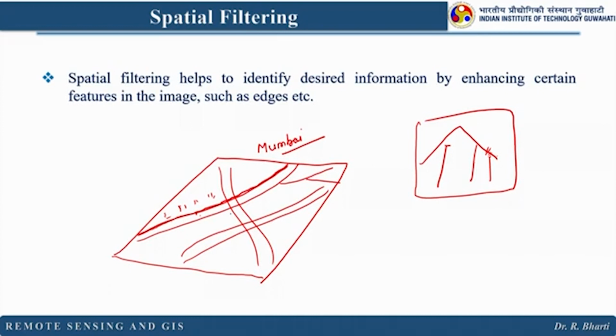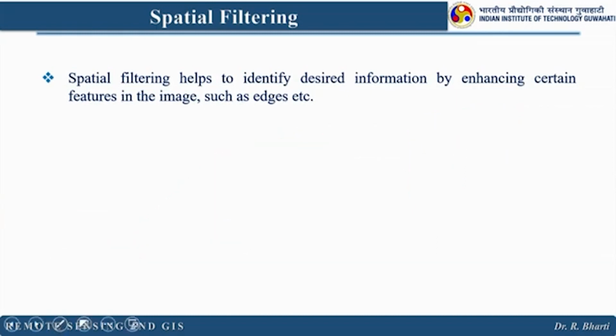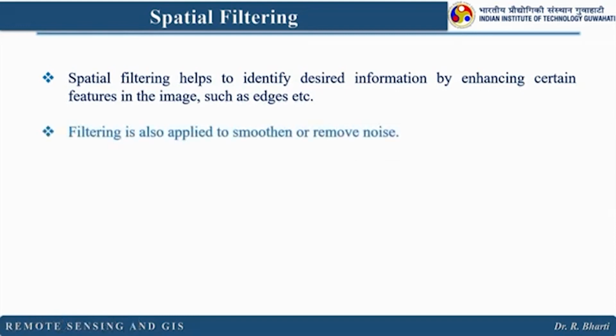If you want to highlight or map the roads from satellite data, you can simply use a filtering algorithm and then easily map the roads. Likewise, there are many other examples. Filtering is also applied to smoothen or remove noise. You may remember from my previous lecture that sometimes we get pixels with bad values.